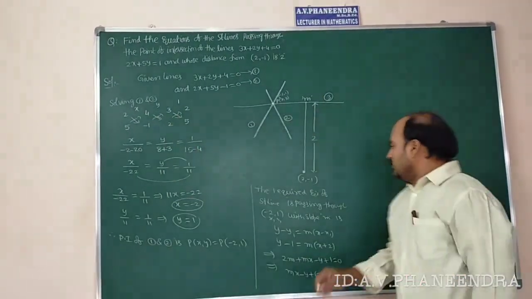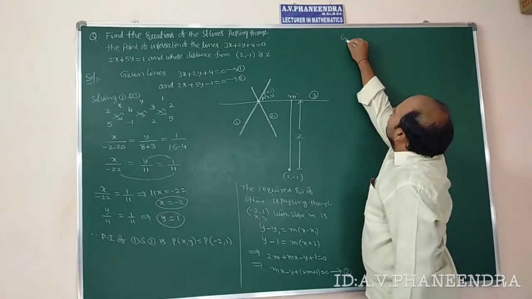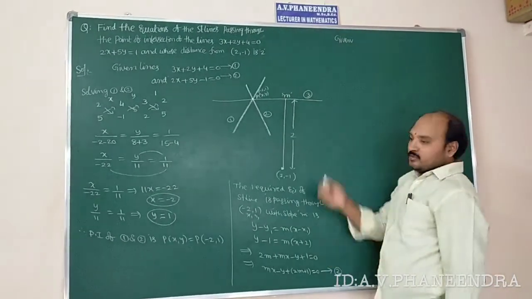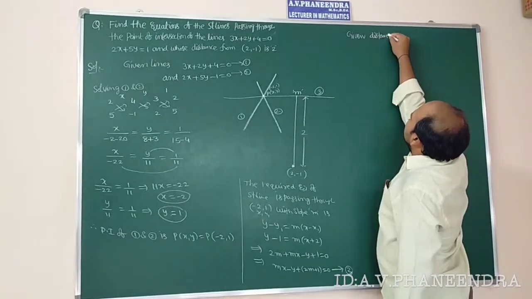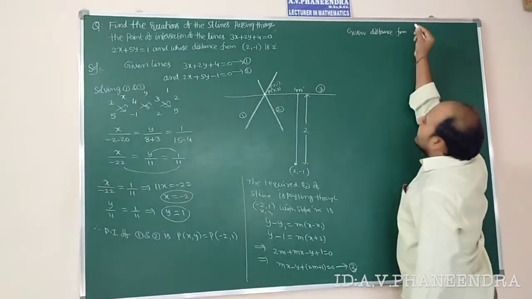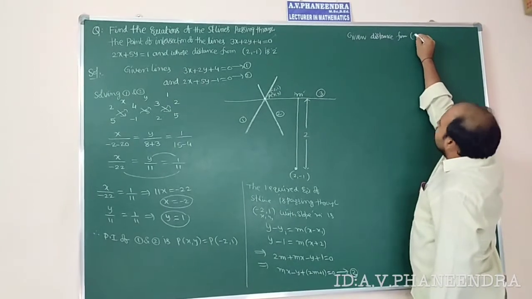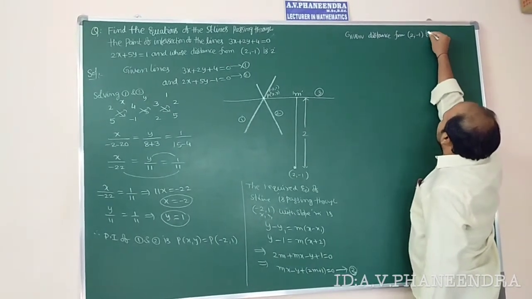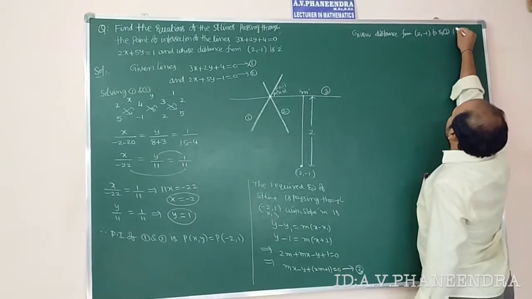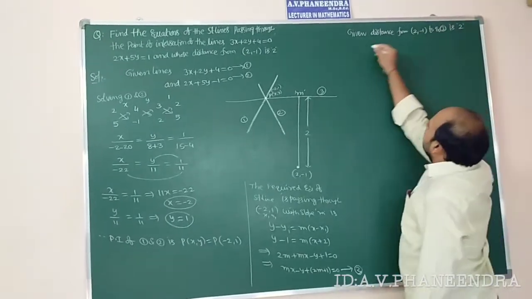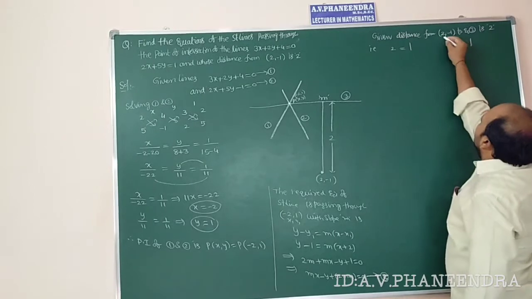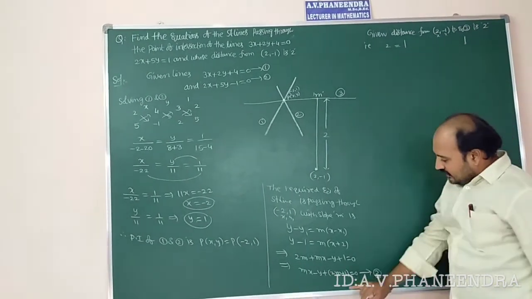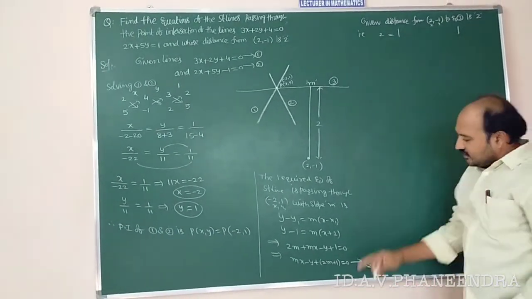After that, the given distance means the perpendicular distance from 2 comma minus 1 to equation 3 is 2 units. That is, 2 is equal to mod of, in place of x comma y in this line we replace with 2 comma minus 1.